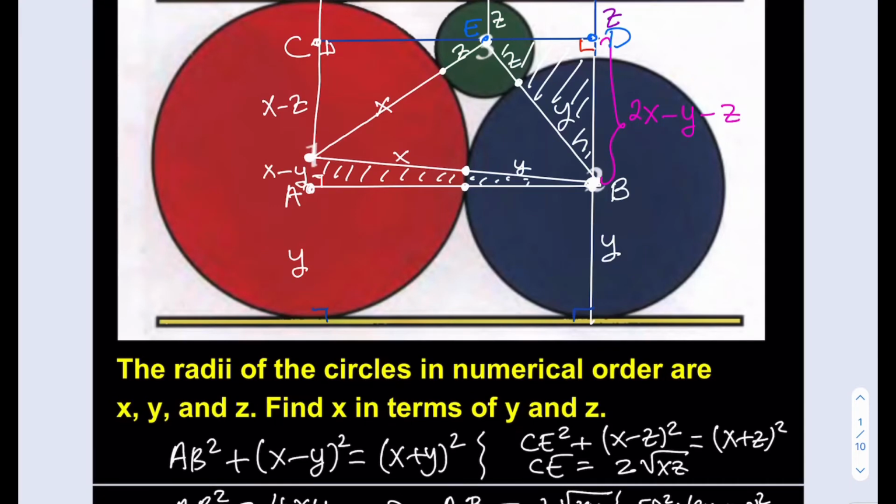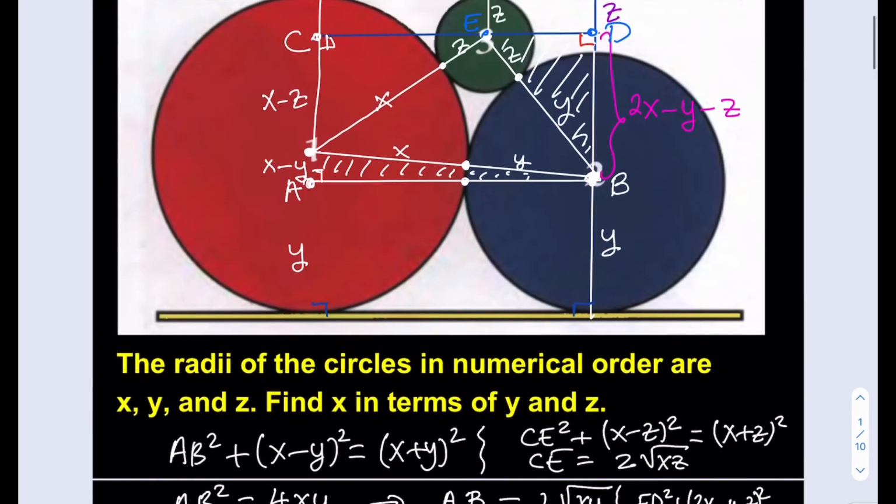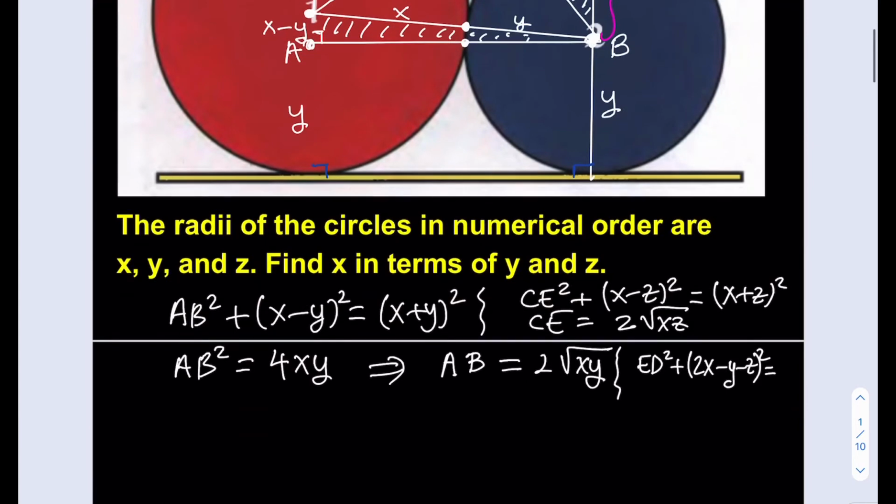Let me write it down here. So this was (2x minus y minus z) squared, and that should equal (y plus z) squared.